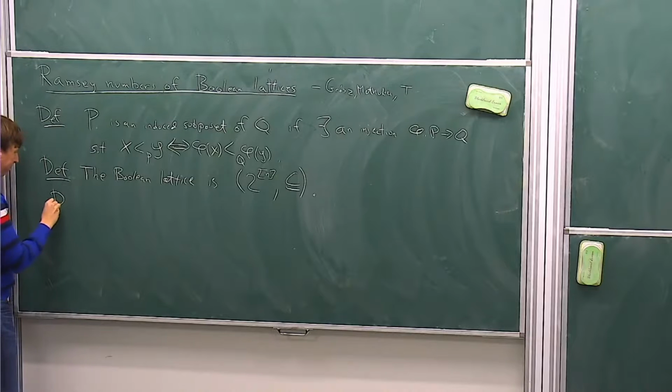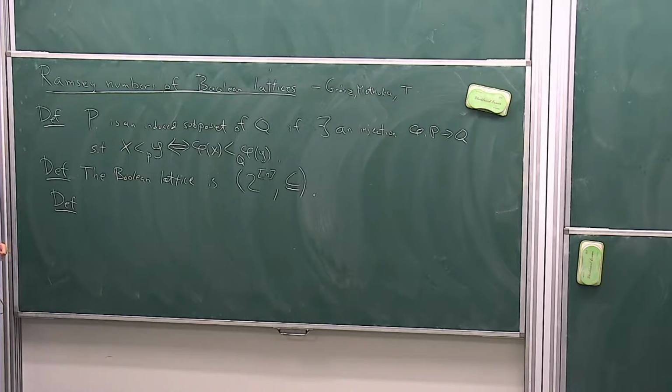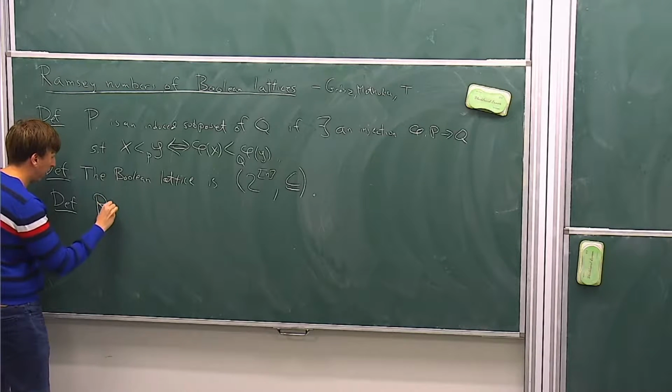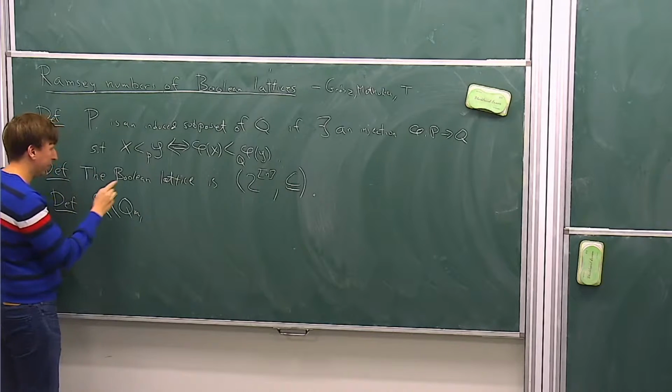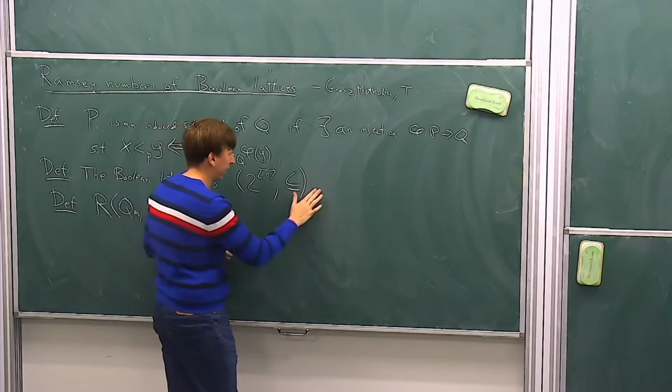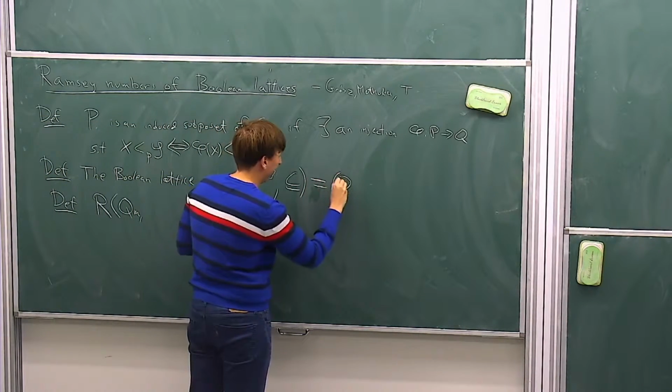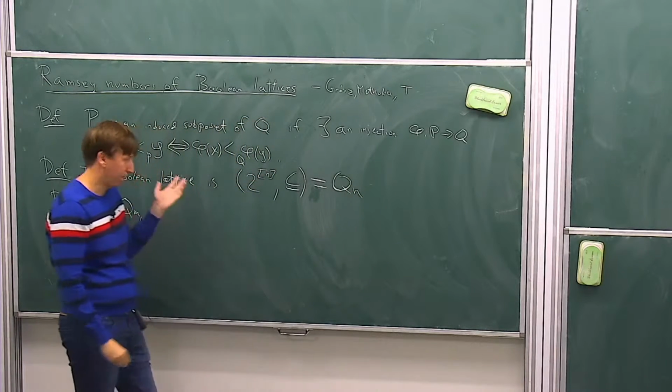And we define the Ramsey number R(Q_M, Q_N), where I'll denote by Q_N the n-cube.